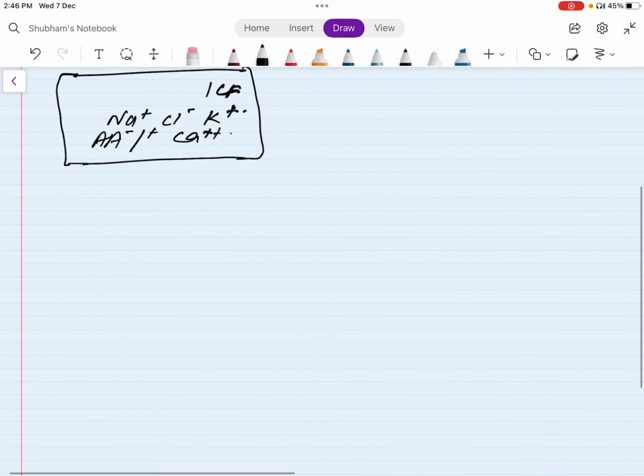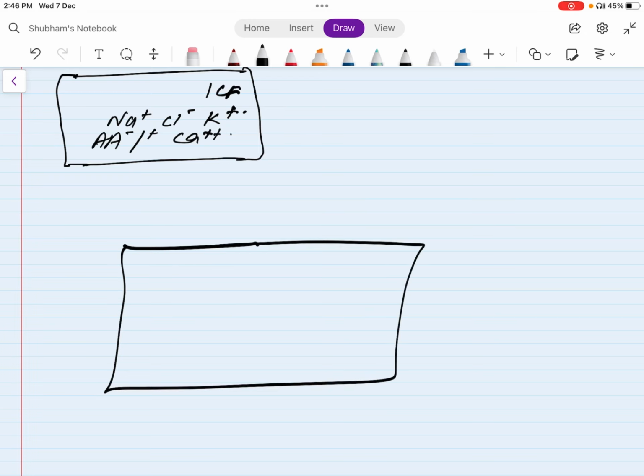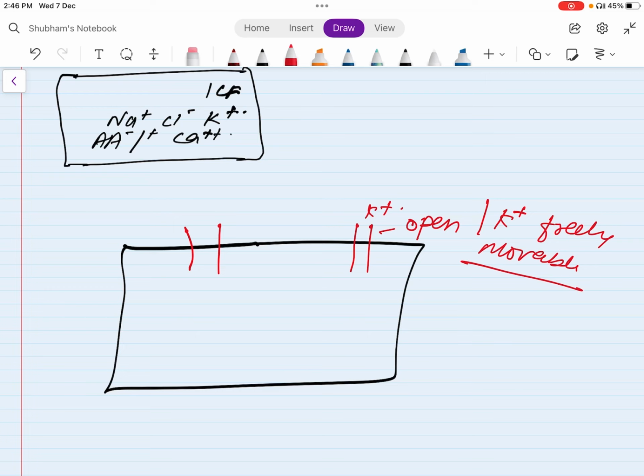So, for example, in the case of a cell, we have multiple channels around our cells, right? For example, we have potassium channels, which are open channels, in which potassium is freely movable. It can move in and out. We have calcium channels, right?